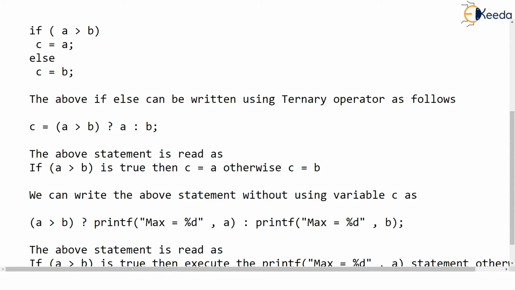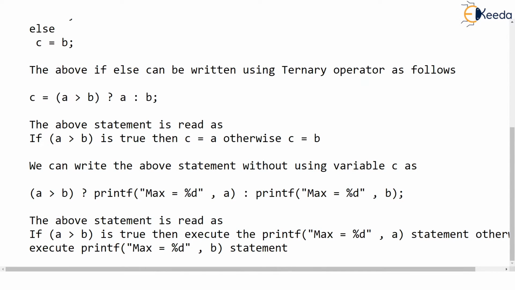Now, what if we are given some question mark expression like this? Just check. A greater than B, question mark, printf max is A, else, this is read as else, printf max is B. Now you notice that this is still a ternary operator.